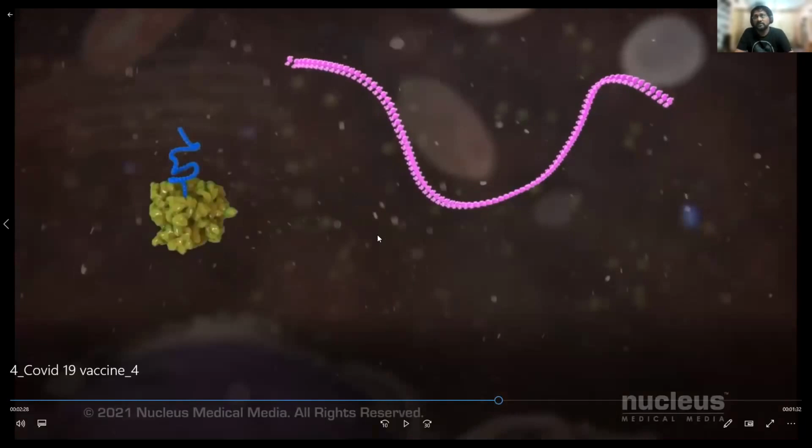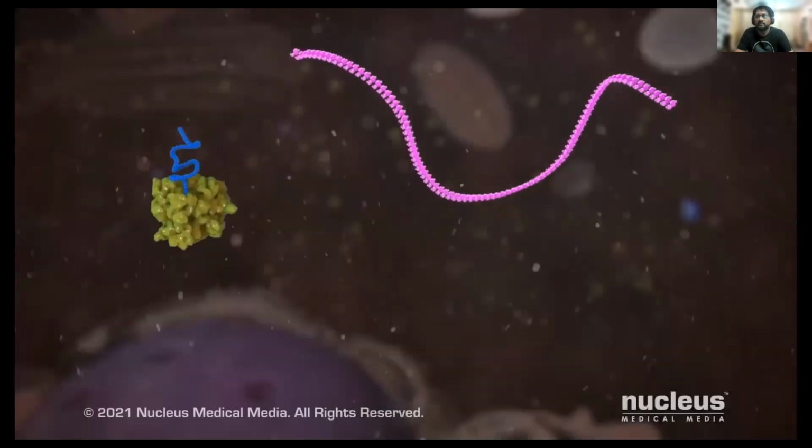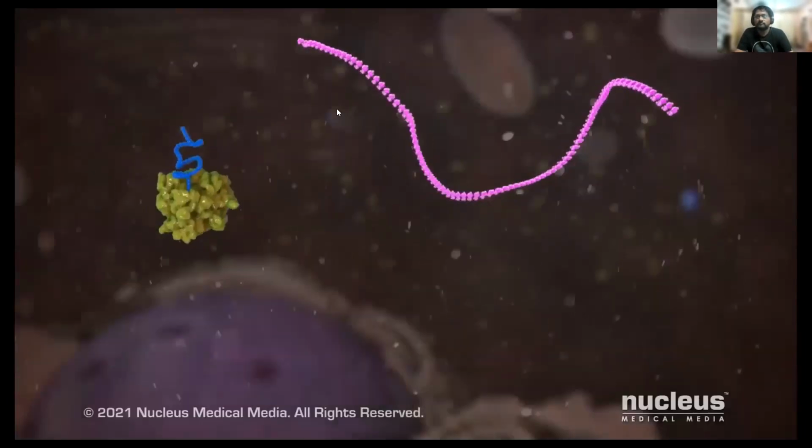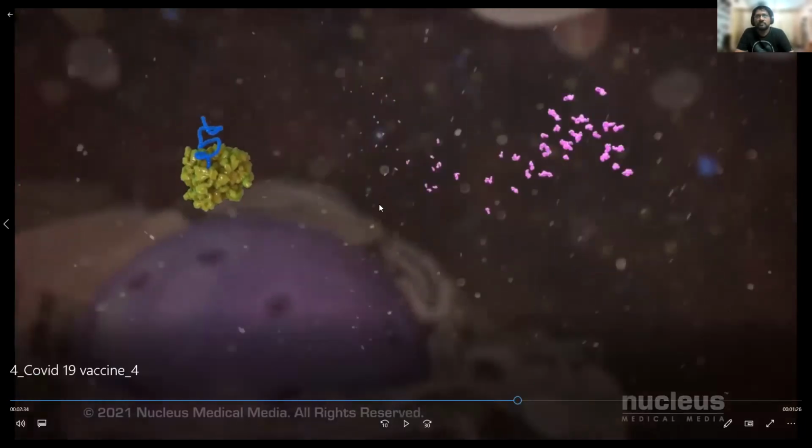Even a piece of a spike protein, not the complete spike protein, is made with the help of this mRNA. The mRNA will be disintegrated after the protein synthesis. That's a general process. Now we have only a piece of the spike protein.